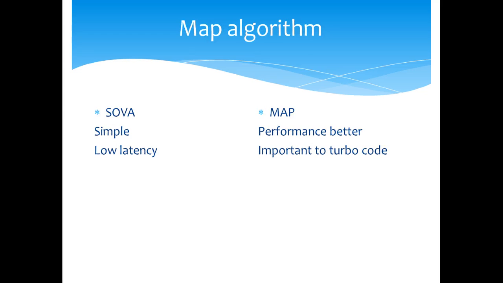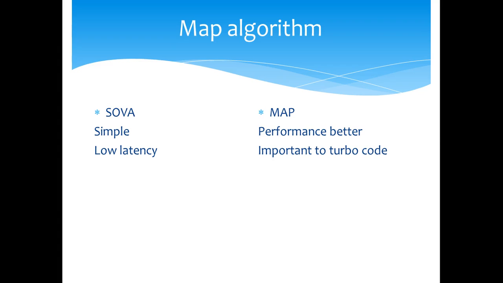Actually, the MAP algorithm is a really big part of my progress, but this part mainly focuses on the deduction of the equations, so I don't want to show them here. Instead, I will introduce some information about the MAP algorithm.